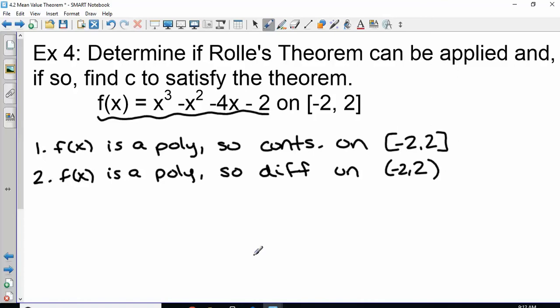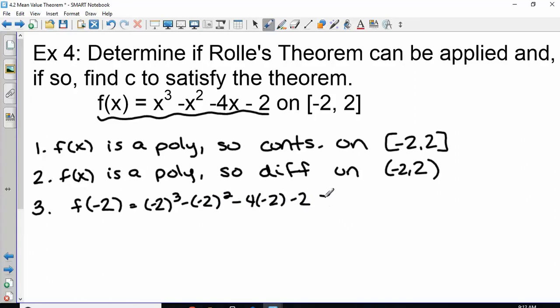It's also okay if you just want to say it's a polynomial, so continuous and differentiable. You just have to acknowledge those pieces for me. The third condition is that the endpoints are equal. So if I do f of -2, I get a -6.